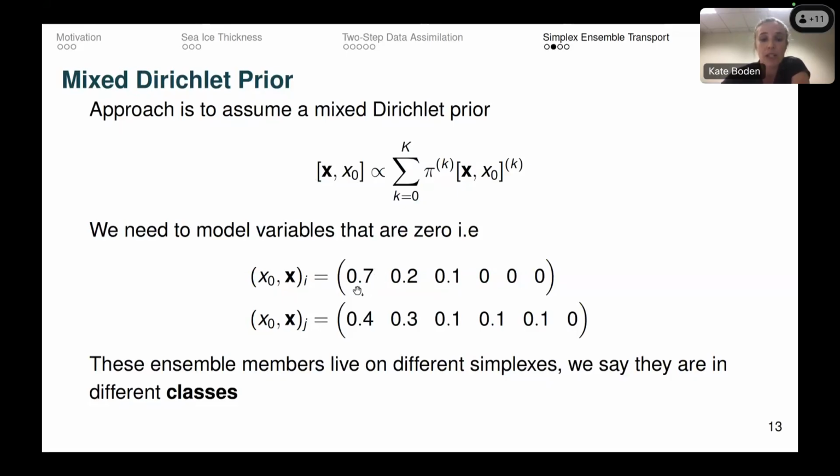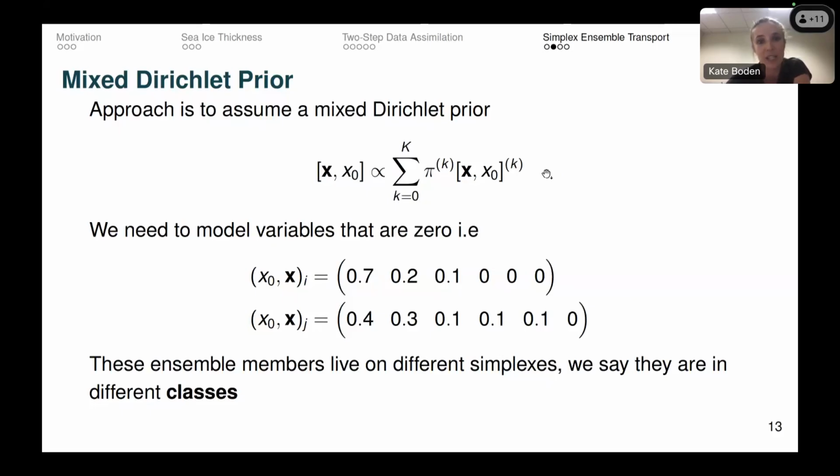For example, here, if I take an ensemble member I, it's basically telling me that most of this variable is thin ice and open water fraction, and there's not a lot of thick ice. So this one would live on a different dimensional simplex than J here, where we have more ice in thicker categories. And this is exactly what the mixture allows us to do.